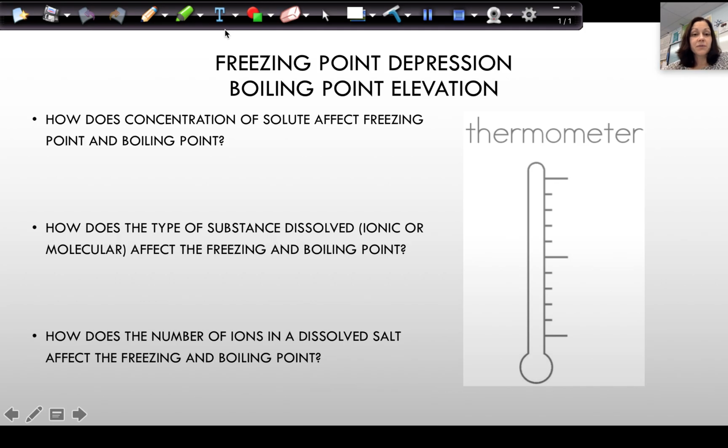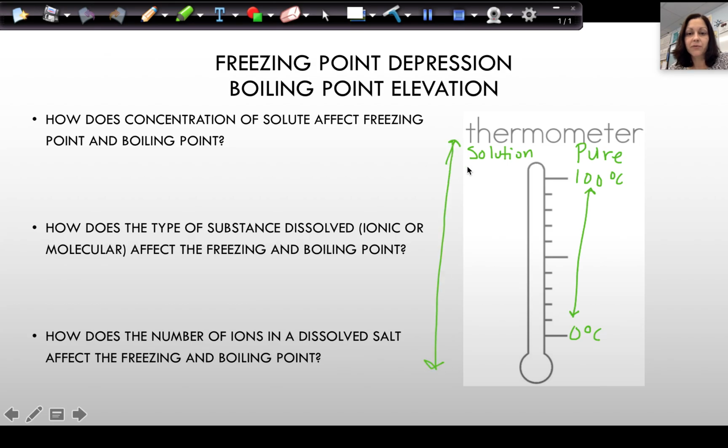When we talk about freezing point depression and boiling point elevation, whenever we look at a thermometer, let's say this is 0 degrees Celsius, and let's say this is 100 degrees Celsius. These are the normal freezing and boiling points of water. If we make a solution, and we add something to the water, the boiling point and the freezing point are going to get further away from each other.